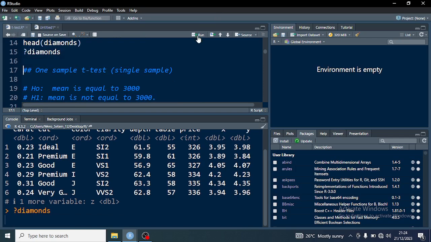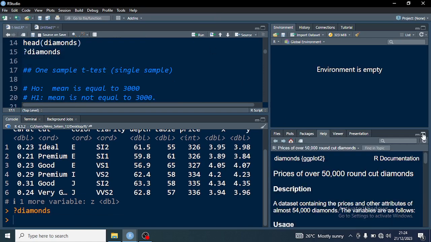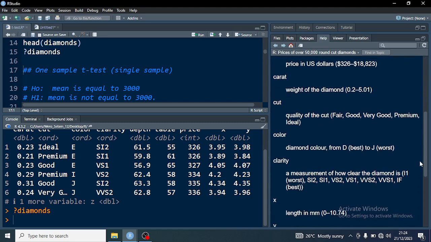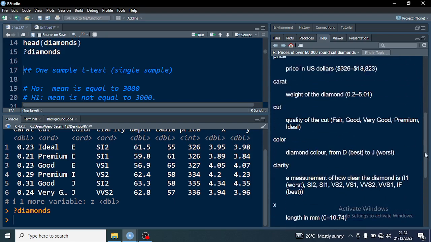The help command will help you here, and here it is, the prices of over 50,000 round cut diamonds. You can find the full information here about this data set, including the usage.